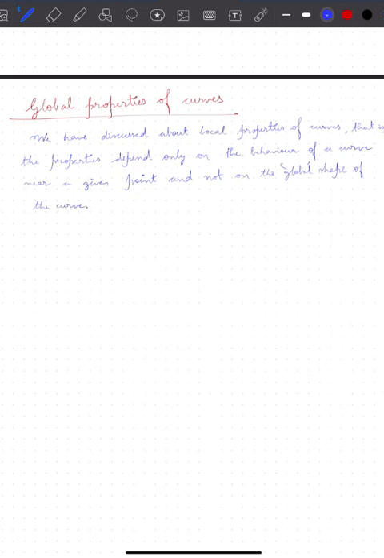So properties like curvature, torsion, and the tangent, normal, and binormal vectors are all local properties.